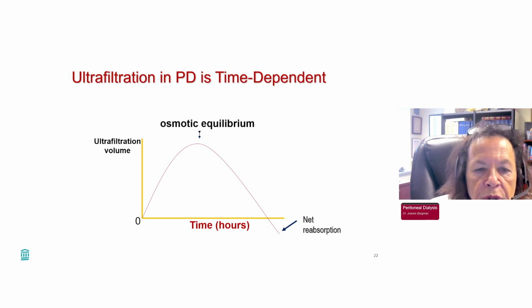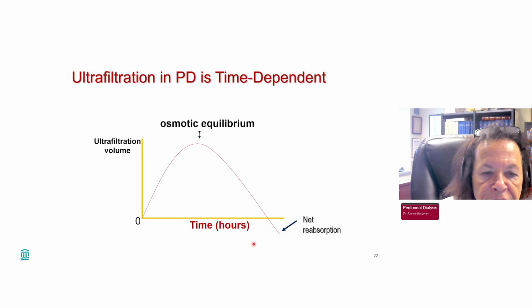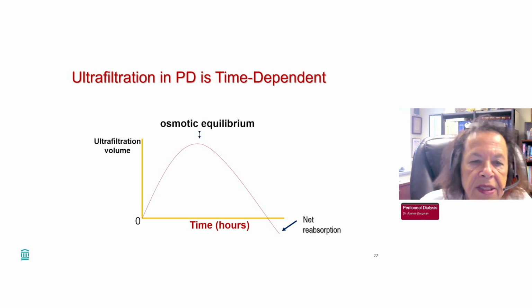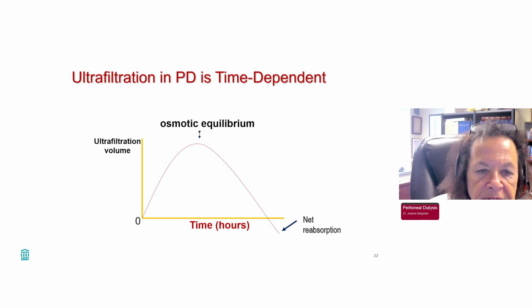But then you lose the osmotic gradient and eventually you reach osmotic equilibrium and net ultrafiltration stops and you start to get absorption. And in fact, if you leave the dwell in long enough, you will end up with net reabsorption. And that is probably because of the loss of the osmotic gradient plus ongoing lymphatic absorption of dialysate out of the peritoneal cavity.